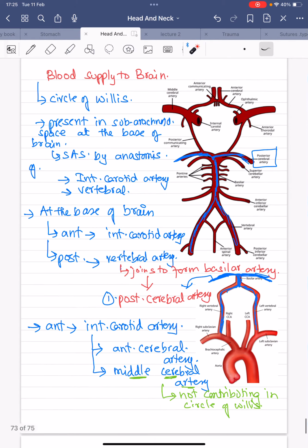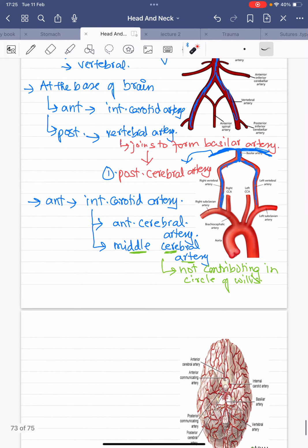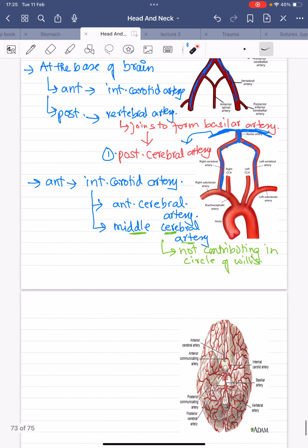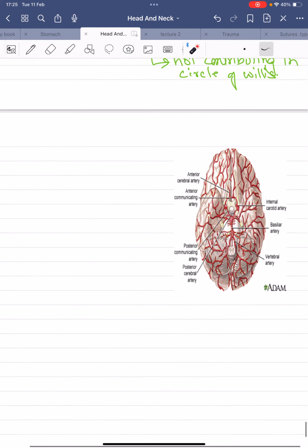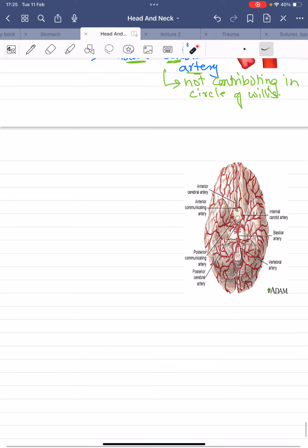Now we must discuss in detail how this circle of Willis is going to form. As you can see in this diagram, the circle of Willis is present at the base of the brain. Now what we must know, we will start from the vertebral arteries.